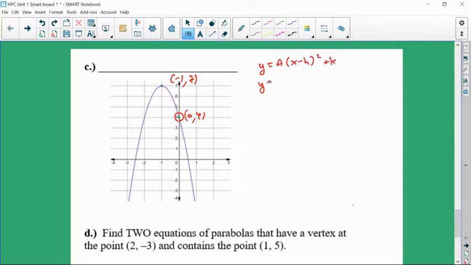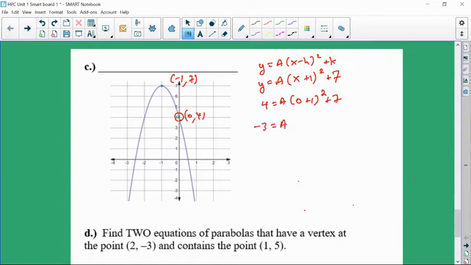So that means y equals a, and then it would be x minus -1, so x plus 1, because the -1 is an x component, so it's modifying the x, squared plus 7. And now I can put in 0, 4, 0 for the x, 4 for the y. So 4 equals a times 0 plus 1 squared plus 7. So subtract the 7. 4 minus 7 is -3 equals a times 1, or just a.